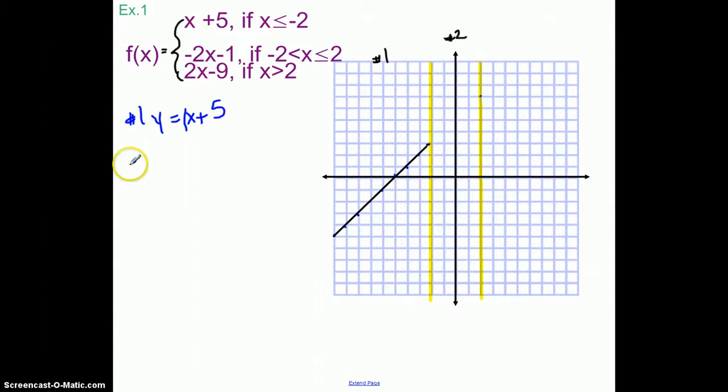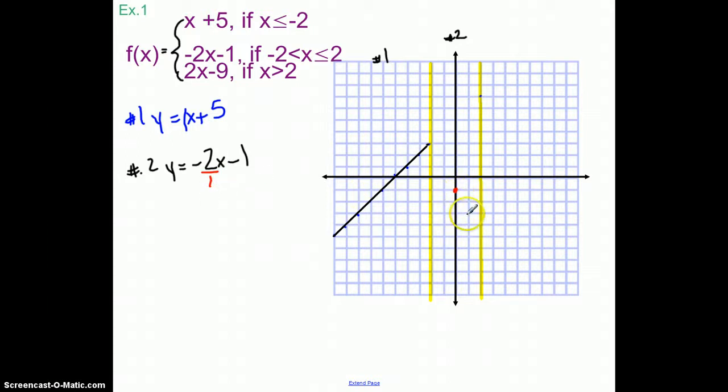Now to do part 2. Part 2 is this equation. So actually let me mark it with a number 2. So number 2 is y equals -2x minus 1. So that means I start down here. Let me choose a different color just so it's easier for you to see. At -1. And that -2 means that my slope is -2 over 1.